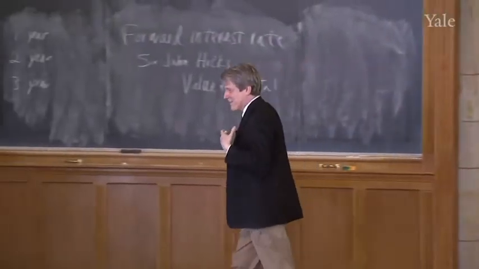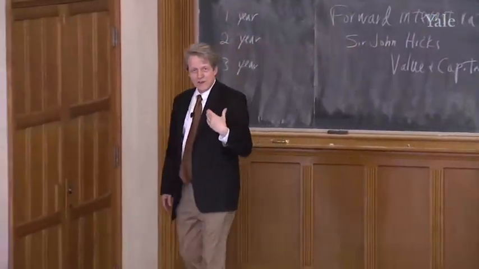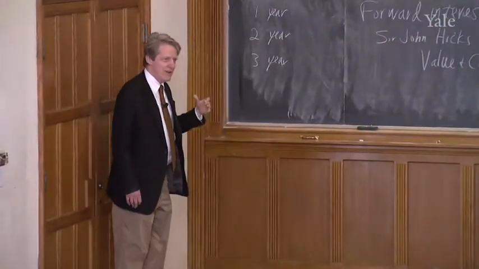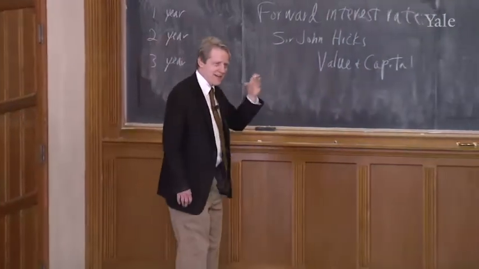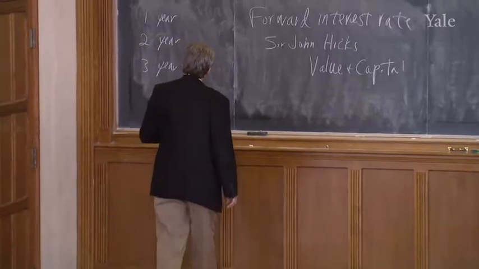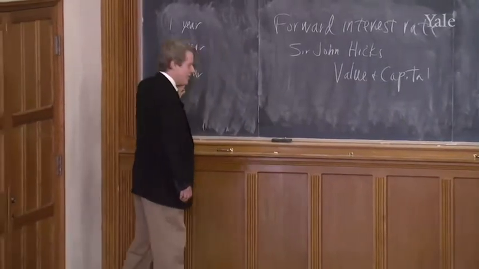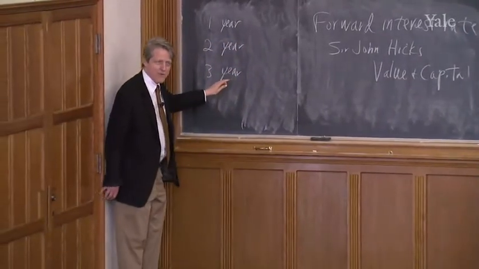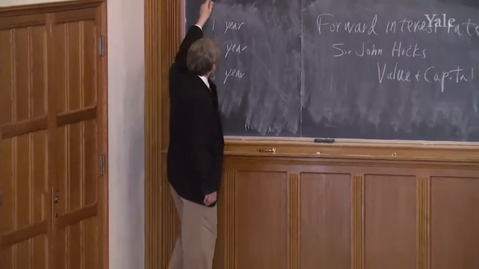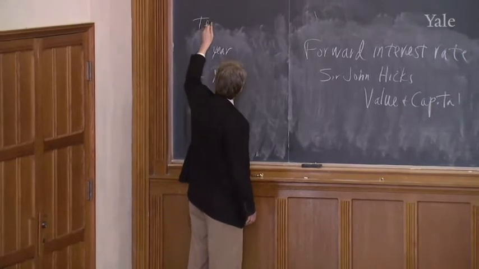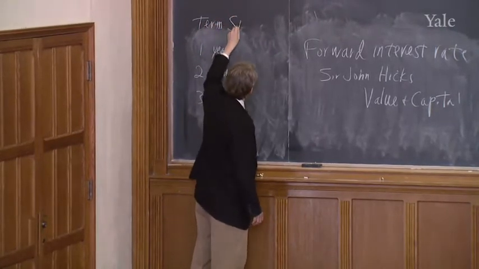But if you have excellent credit, 1-year interest rates are really low. But if you want to borrow for 10 years, it's more like 3.5%. It's higher, right? And if you want to borrow for 30 years, they might charge you 4 or 5%. This is the term structure of interest rates, and it's quoted every day in the newspaper.